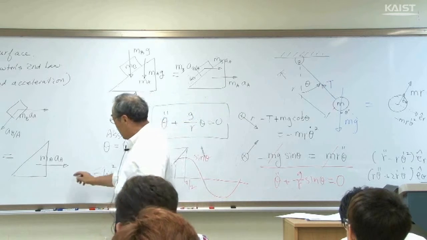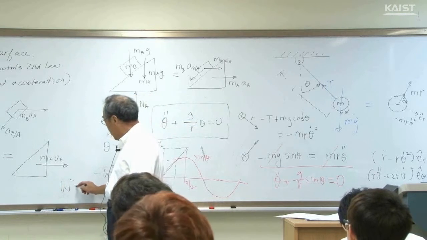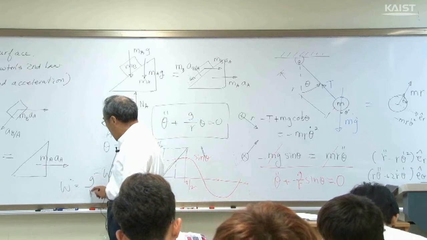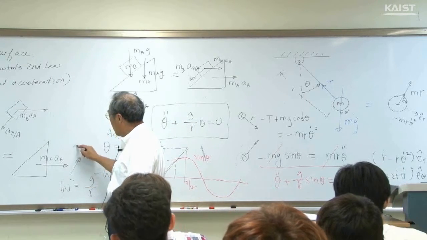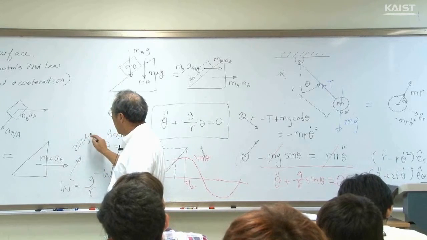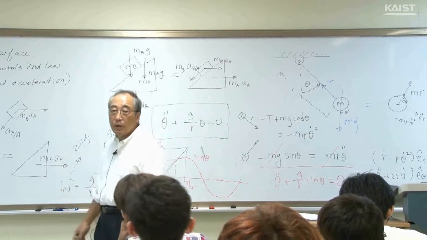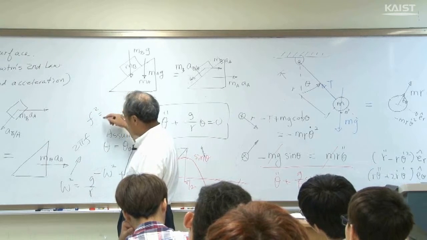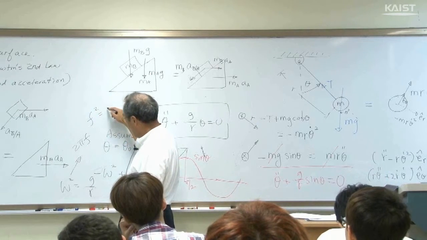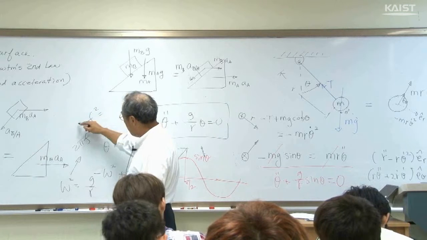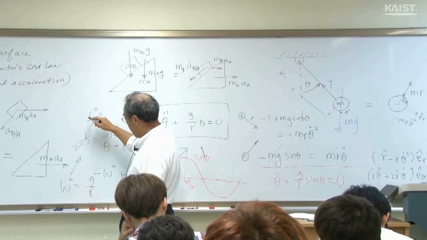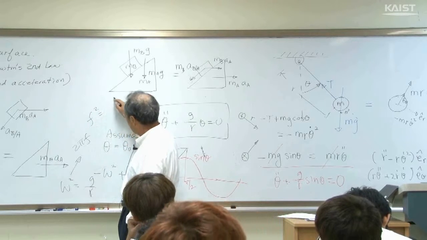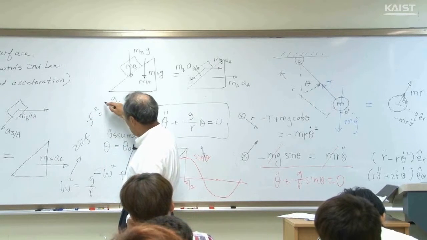Therefore, you get omega square is equal to g over r. And omega, as you know, is 2 pi f. Therefore, you have 4 pi square f square equal to g over r.